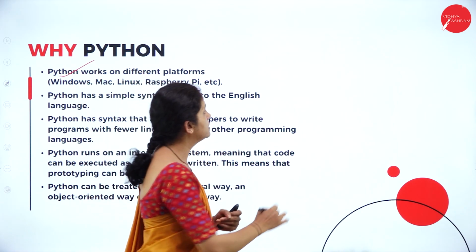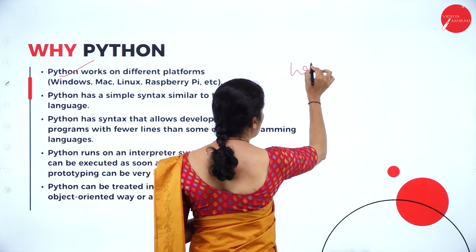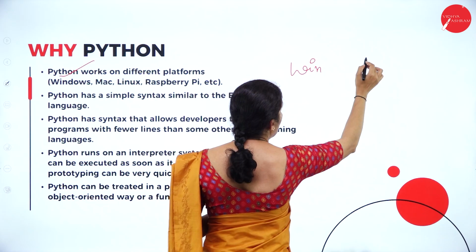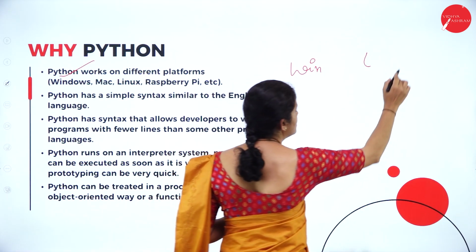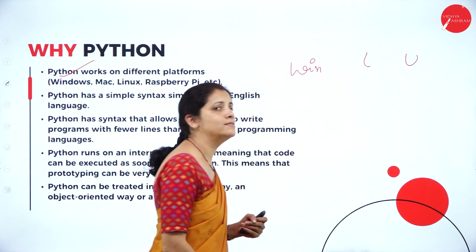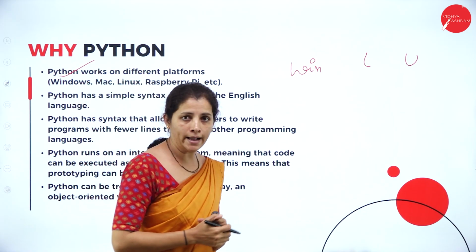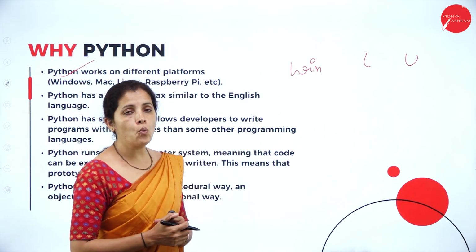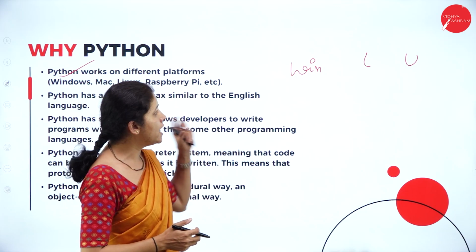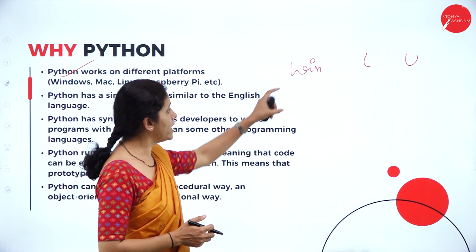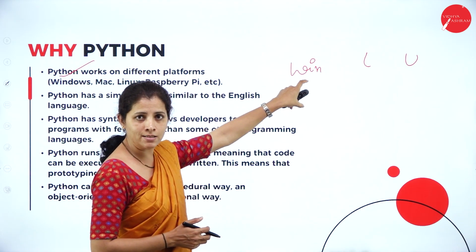For example, think that I have a Windows operating system, a Linux operating system, a Unix operating system and a Mac operating system. Initially, I'm going to write the program for the Windows operating system.